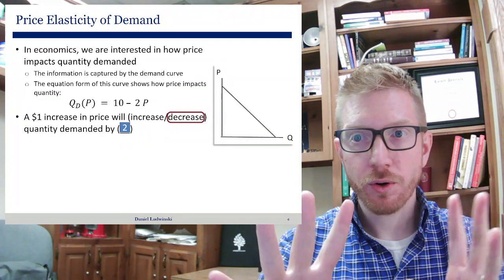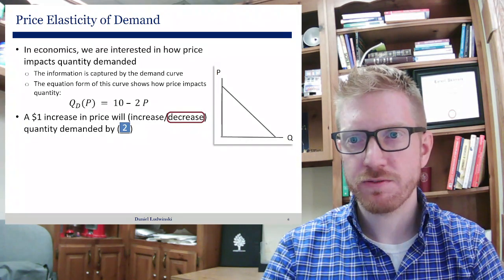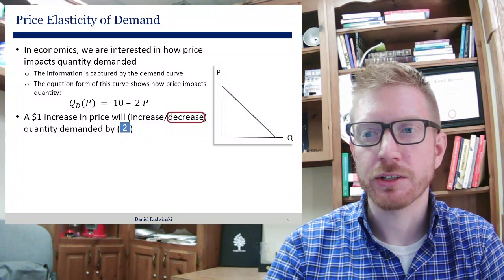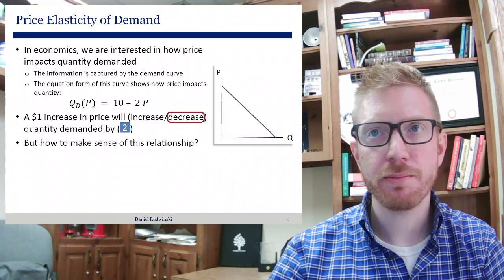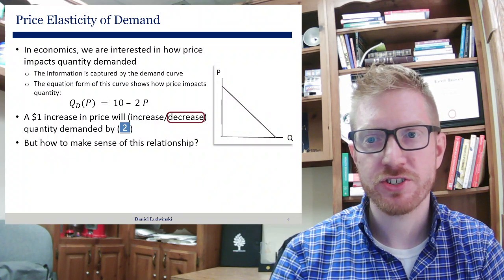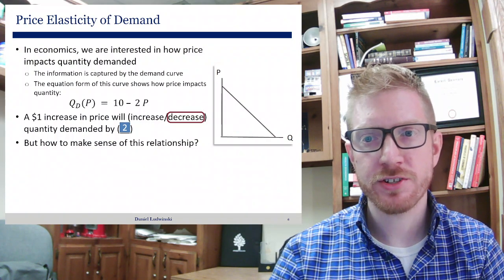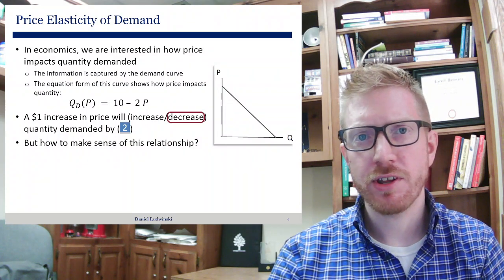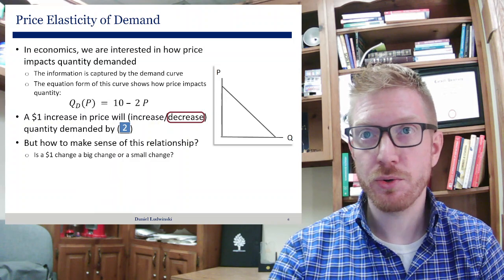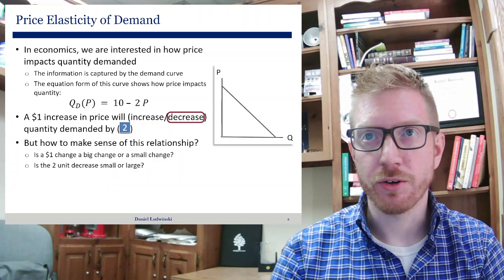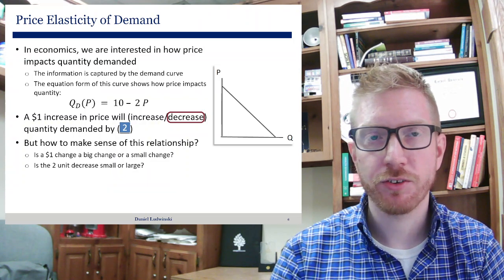So we already know something about responsiveness through the demand curve, but what we're going to be doing with elasticity is trying to make more sense of this relationship in terms of understanding: is the $1 change big or small? Is the 2-unit change a big or small response?